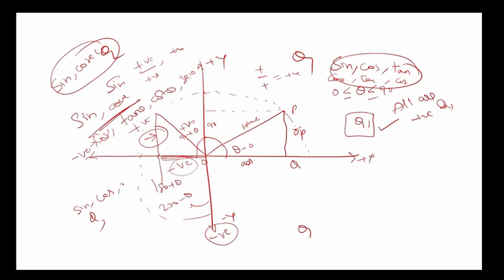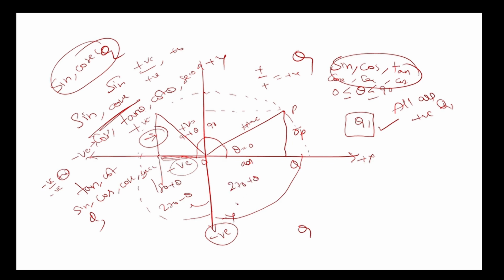Sine, which is negative opposite side by positive hypotenuse, is negative. Therefore sine is negative, cos is negative, cosecant is negative, secant is negative. But tan, which is opposite side by adjacent side, negative by negative becomes positive. So the tan value is positive, and similarly the cot value is also positive.